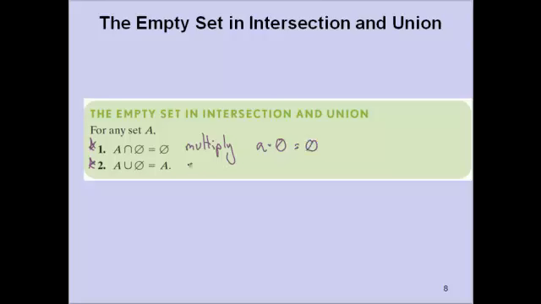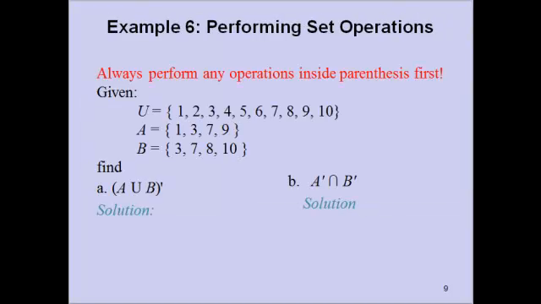This is kind of like our addition, because A plus 0 is just A. So you see a very similar idea in the addition and multiplication with the intersection and the union. Just as a little aside, connecting things to what we already know.